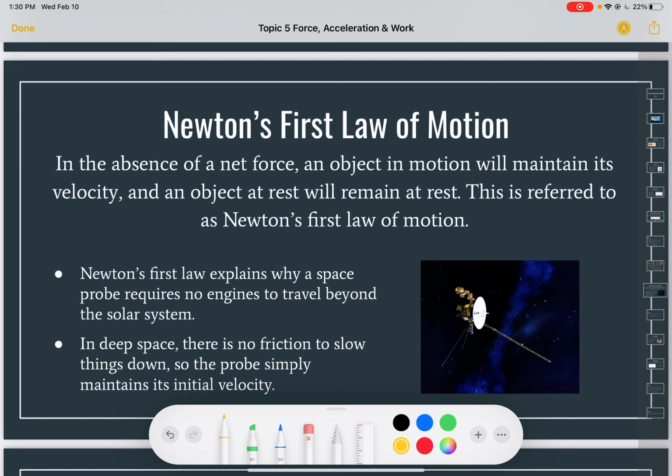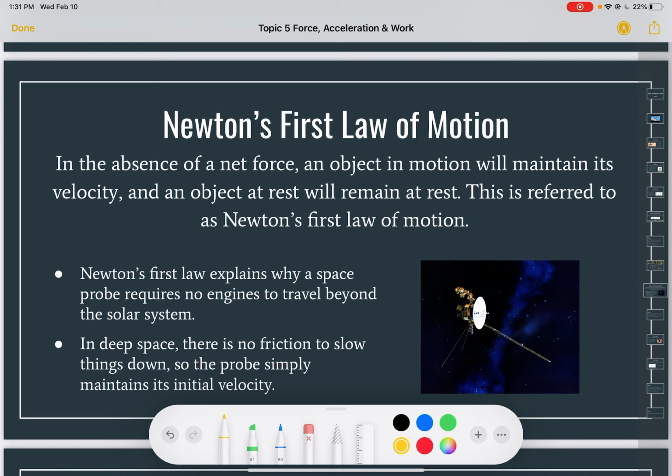So Newton's first law of motion says, in the absence of a net force, an object in motion will maintain its velocity, and an object at rest will remain at rest. So that's the classic, an object in motion stays in motion. This is referred to as Newton's first law of motion. Newton's first law explains why a space probe requires no engine to travel beyond the solar system.